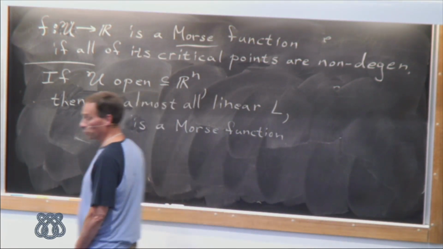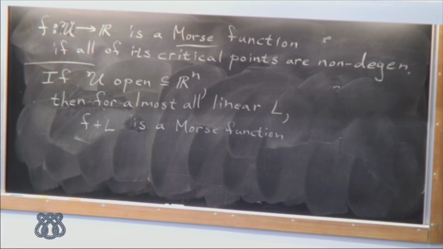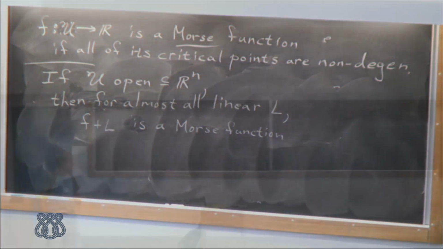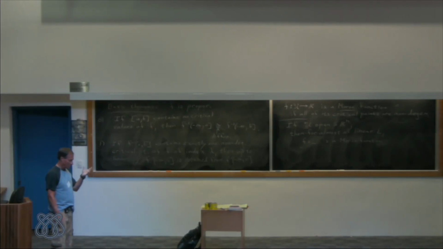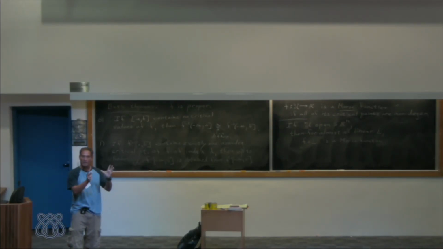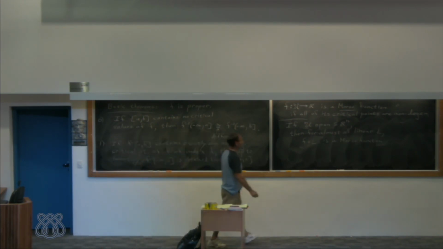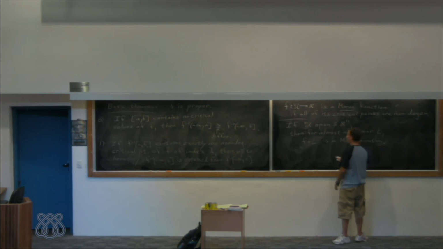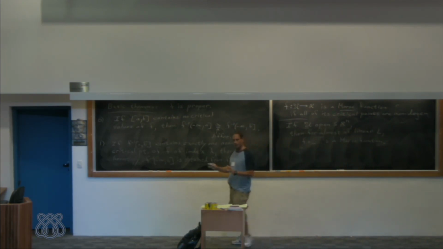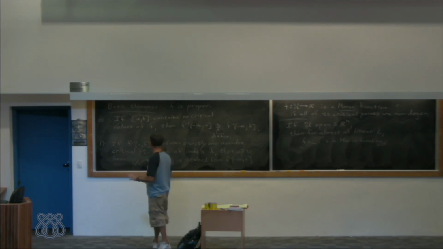The critical points will move, but they will become non-degenerate. So you should think, you have a critical point, you add L. Here it's almost all; in the complex analytic situation it will be for a generic choice of L. That one critical point will split into a bunch of non-degenerate critical points, but they'll just be near the original one. They won't be at the same place.